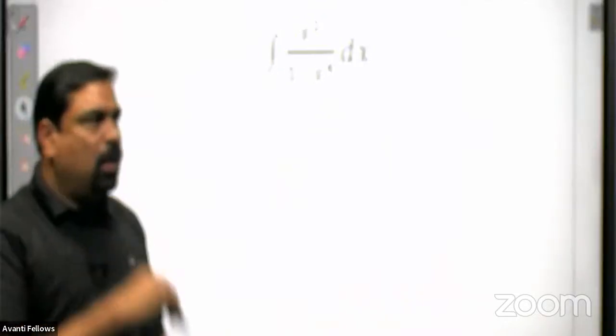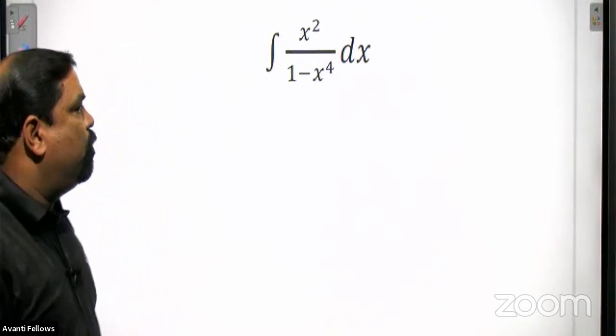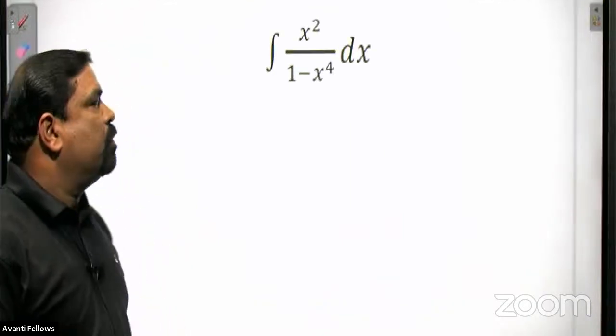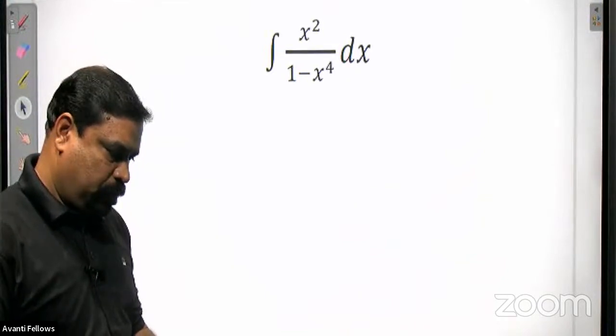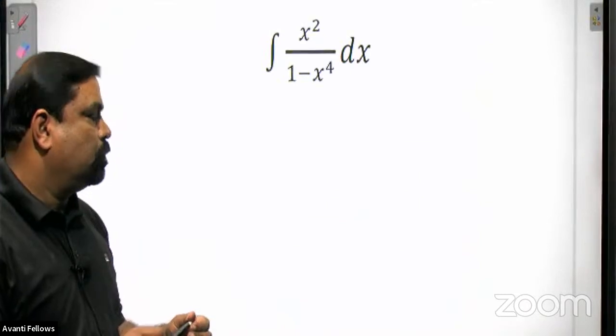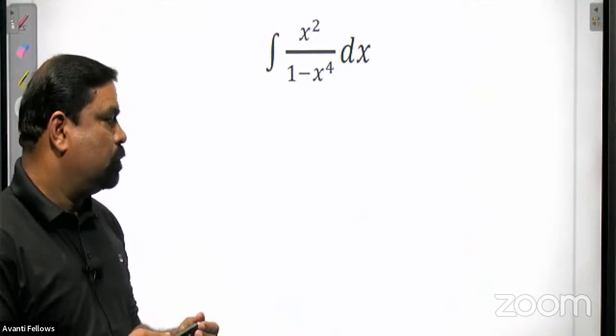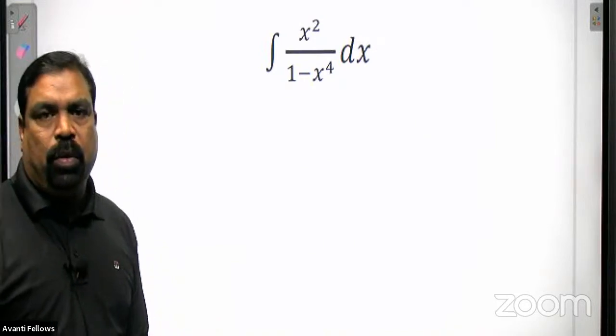Now have a look at this question. Integral of x square by 1 minus x raised to 4 dx. So how to do this one?